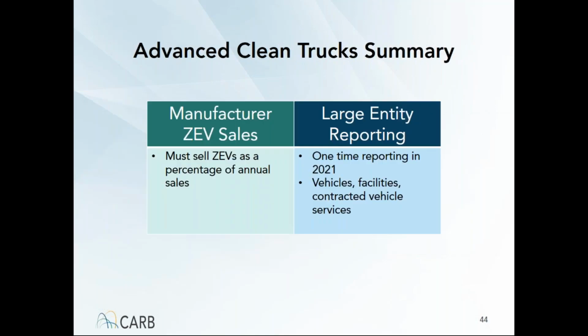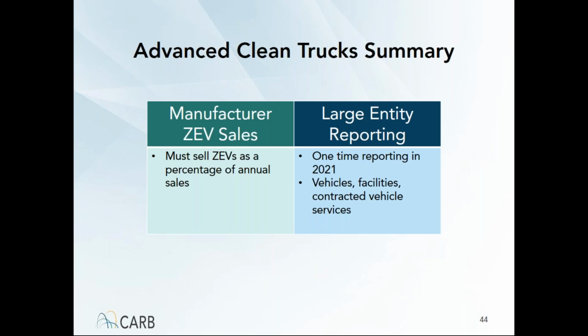The Advanced Clean Truck portion, which was the one that was just passed, has two major components. The first is just a requirement that manufacturers sell a percentage of heavy zero emission vehicles in place of the diesel vehicles.